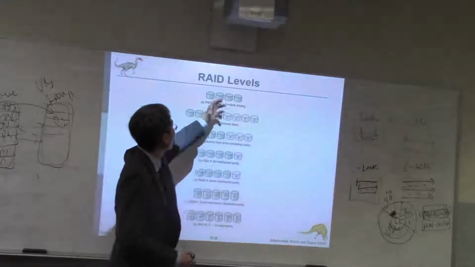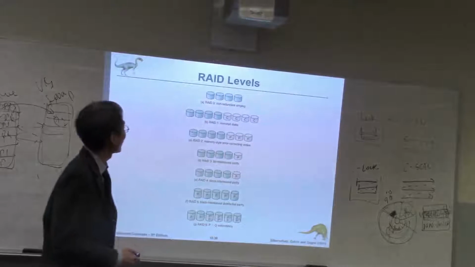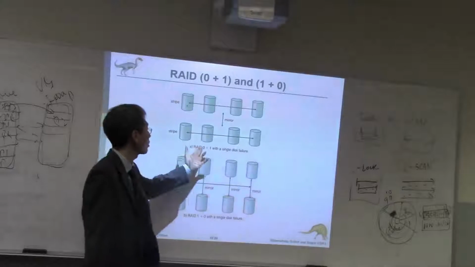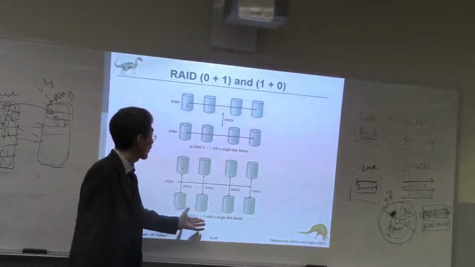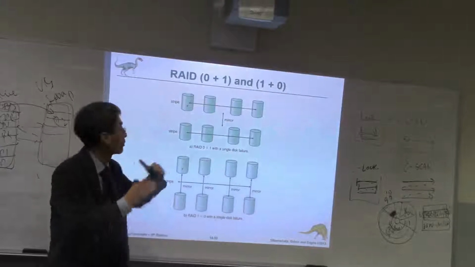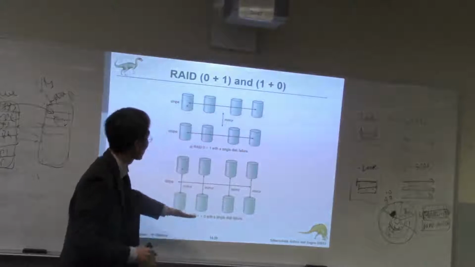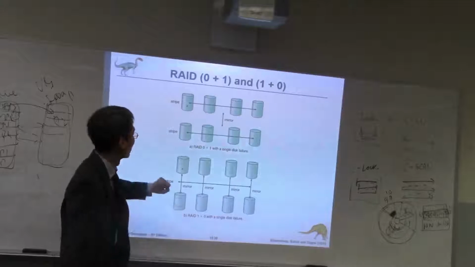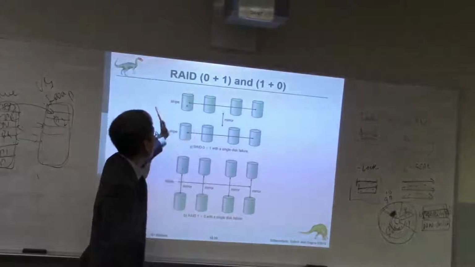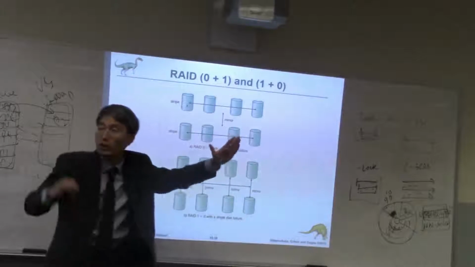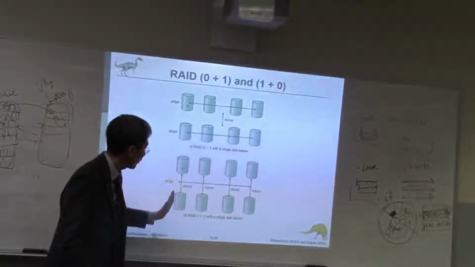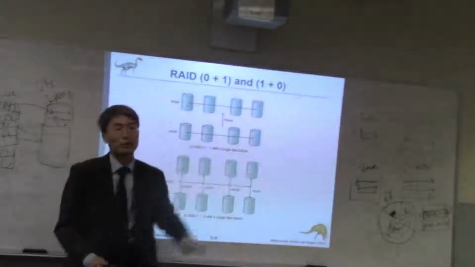Then, by combining 1 and 0, there is RAID 0 plus 1 and RAID 1 plus 0. The only difference between 0 plus 1 and 1 plus 0 is which one is first. 0 plus 1 is first striping, distributing, then mirroring. And the second one is mirroring, then striping.